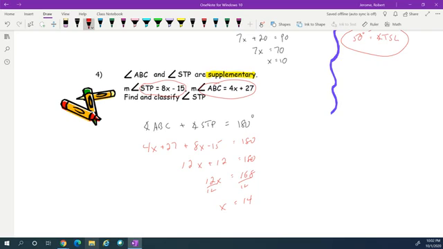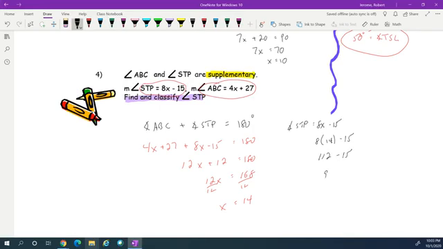But we were asked to find STP. So we're not done. Angle STP is 8x minus 15. 8 times 14 minus 15. Well, that's 80 and 32. That's 112 minus 15.